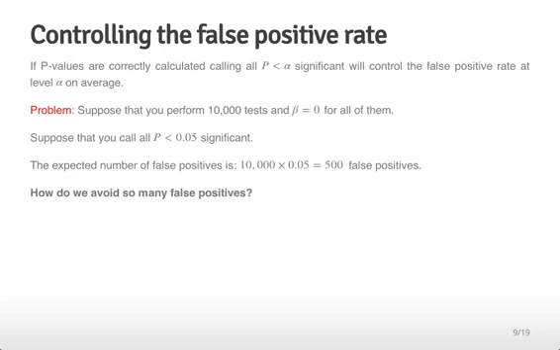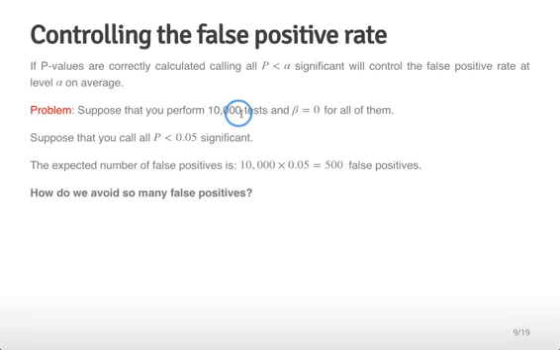So here's the problem with that. Suppose that you perform, say, 10,000 hypothesis tests. This seems a little bit extreme, a large number of tests, maybe for people that are doing just 1 or 2 regressions. But in many high-dimensional settings or signal processing settings, this is actually a reasonably small number of hypothesis tests.